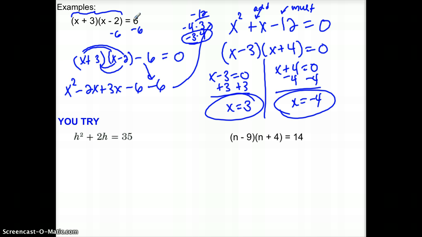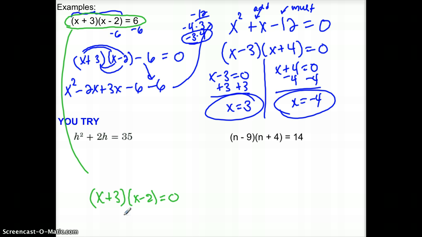One thing I want to bring to your attention is back up in the beginning when you had this. If that were just set equal to 0, for example, if you had x plus 3 times x minus 2 equals 0, that's when you can set each factor equal to 0. Because when you multiply two things, if one of them is 0, then the entire thing is 0.